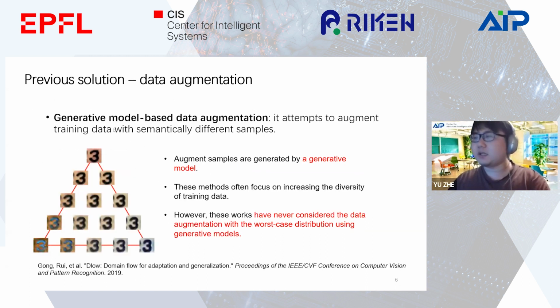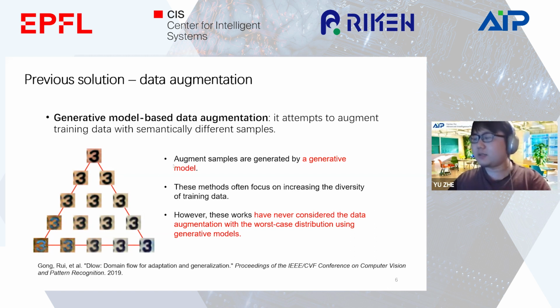Another strategy is generative model-based data augmentation. It attempts to synthesize the training data with generative models. This method often focuses on increasing the diversity of the training data. As the left figure shows, each image is one piece of training data, and we can see the style of the training data can change very differently.